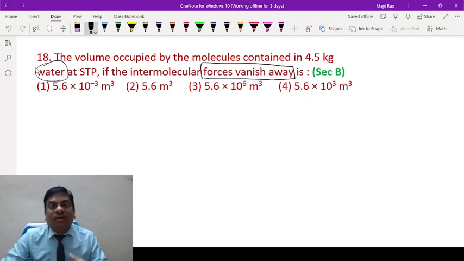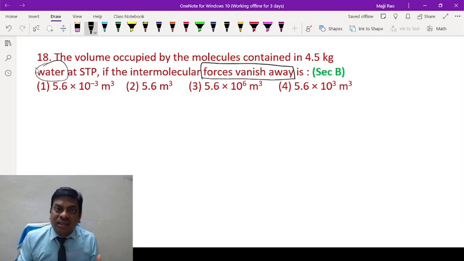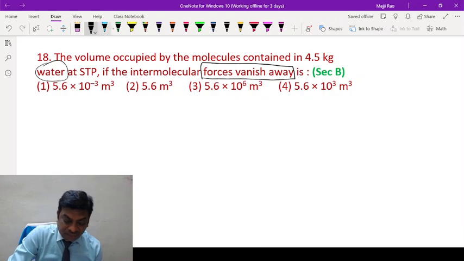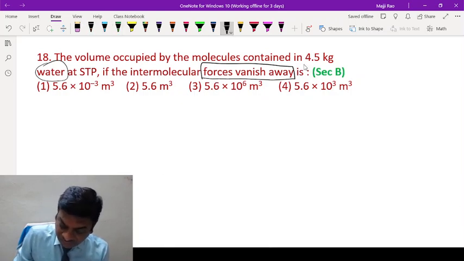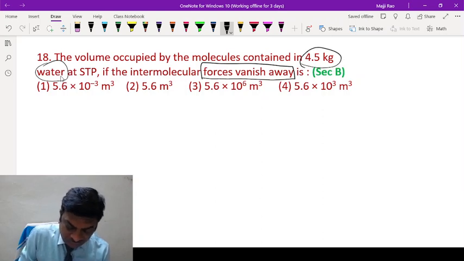That means if water is in the gaseous, vaporous state, then being a gas, we can assume that intermolecular forces have vanished. So we have to assume water vapor to be an ideal gas. So taking water vapor as an ideal gas, this much mass of water.